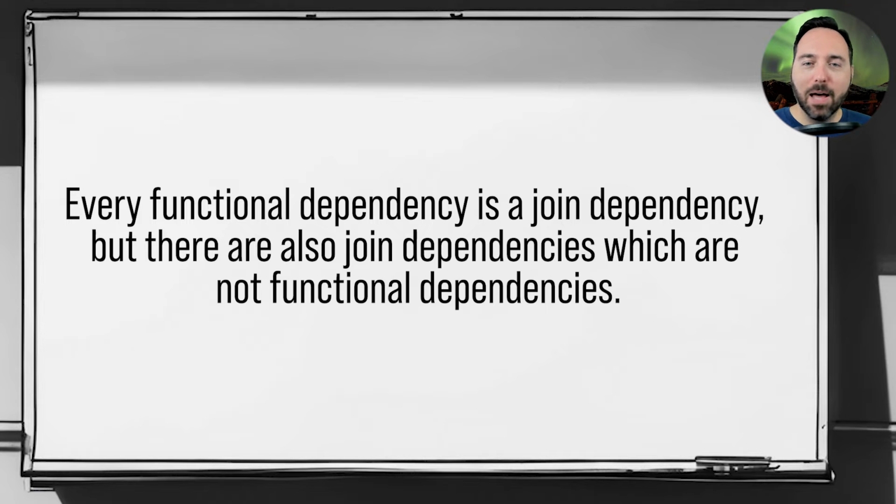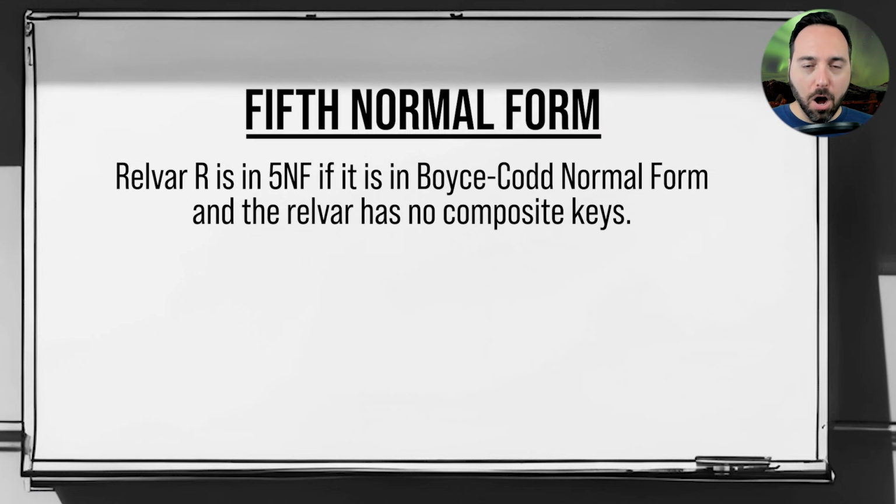So let's talk about another definition of fifth normal form. A relvar R is in fifth normal form if it is in Boyce-Codd Normal Form and the relvar has no composite keys. That's why, in our prior example, we were able to explain the solution in two ways.